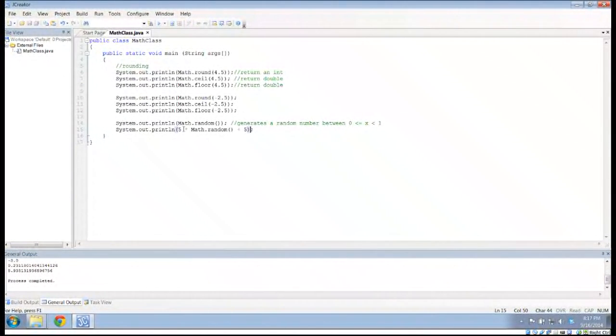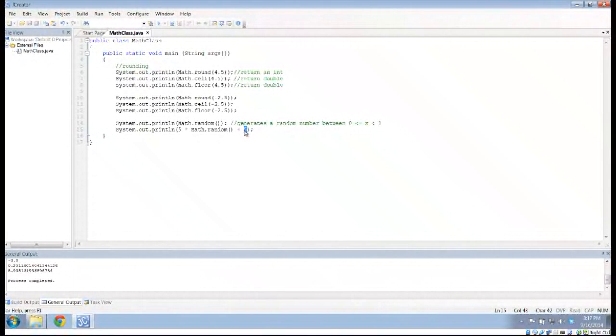In other words, it's going to take this 0 to 1 window, stretch it out by a factor of 5, so it's now a 0 to 5 window, and then add 5 to it, so instead of being a 0 to 5 window, it's a 5 to 10 window.